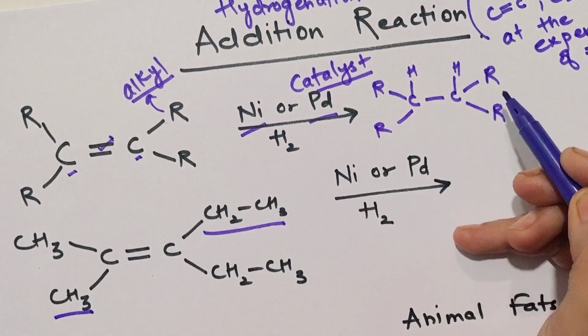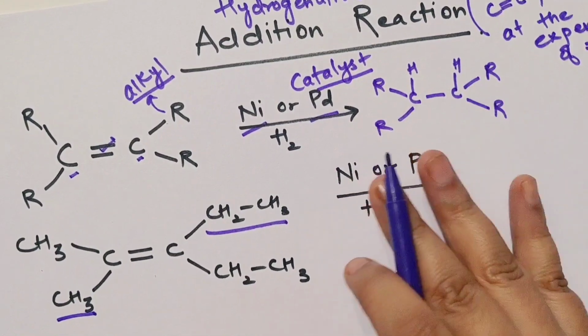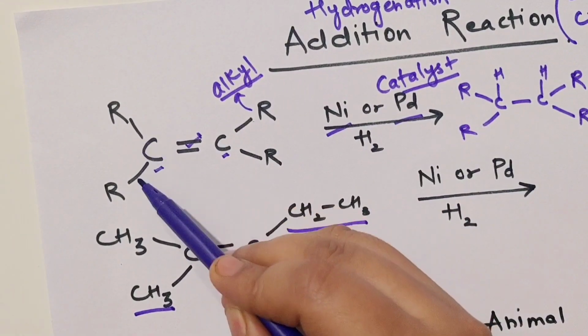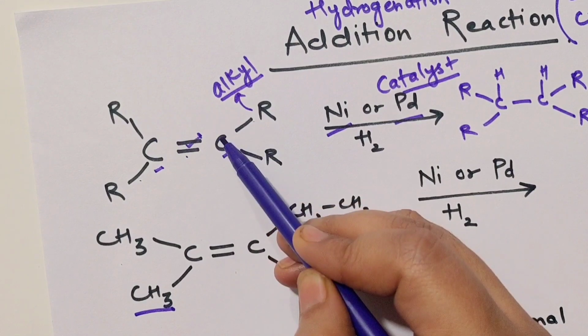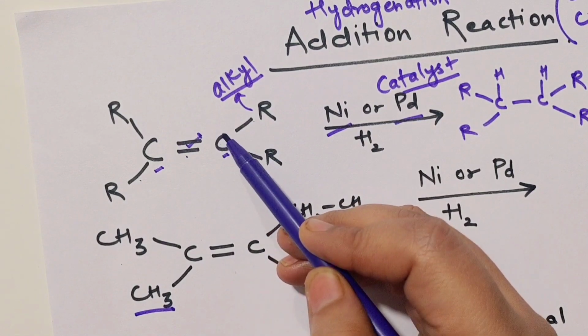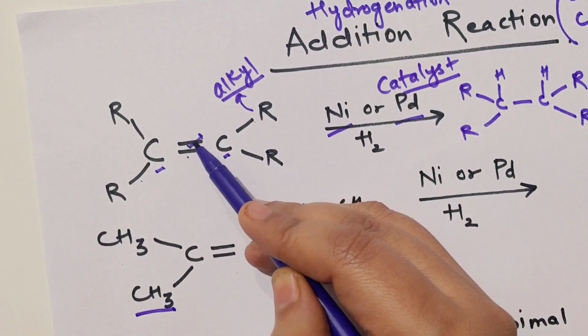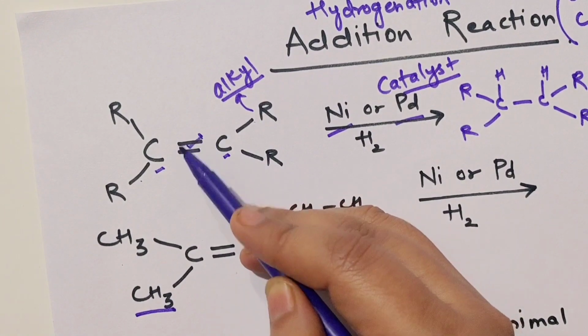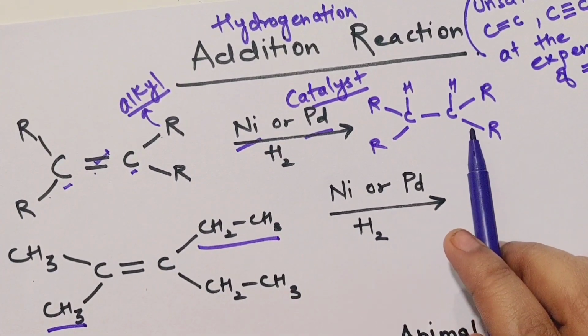The double bond has to go because carbon can make at most 4 bonds. Here 1, 2, 3, 4. Now if hydrogen has to be added here, carbon cannot make 5 bonds. Something has to go, and it's one of the bonds from the double bond which will go here. Okay, so this is your product.